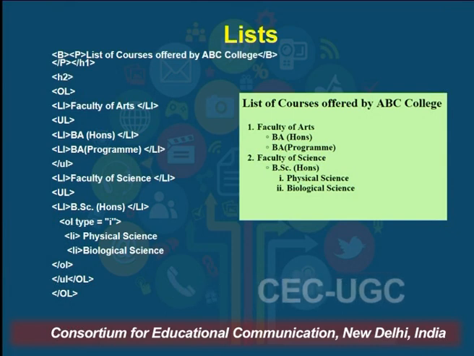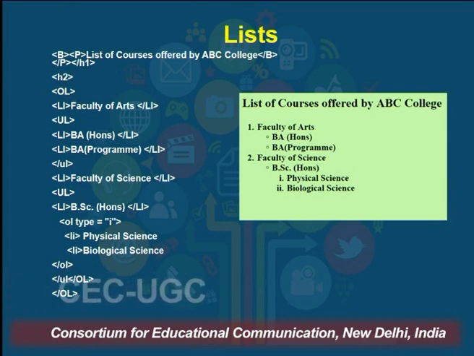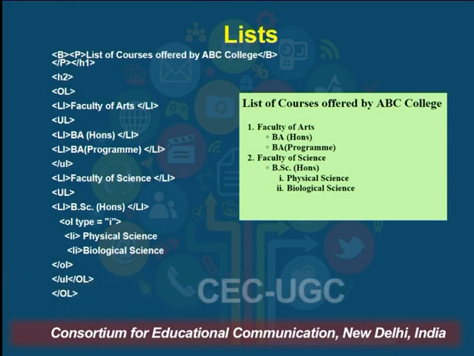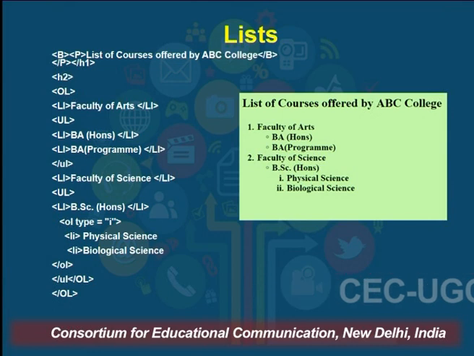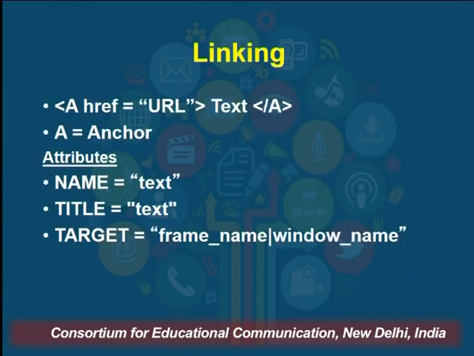This will make the page look very organized, and lists are very commonly used when you want to show parts of the whole, or when you want to show the categorization of the different items on a particular page, right?